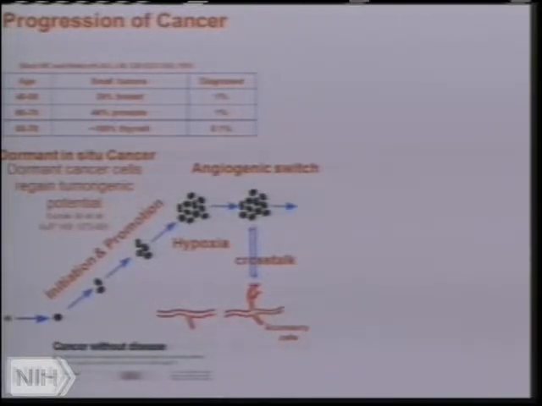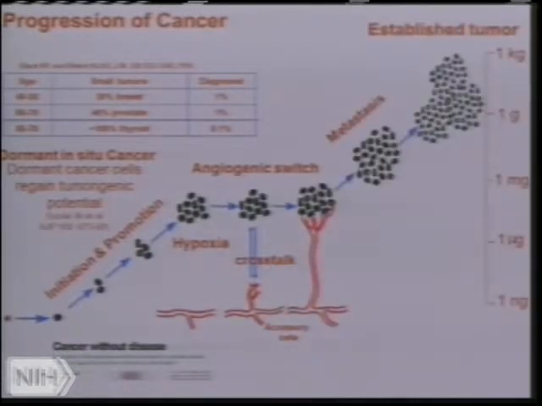So this is how angiogenesis occurs, and it's at that point, once the tumor gets vascularized, that it can grow exponentially and reach a clinically relevant size and metastasize.